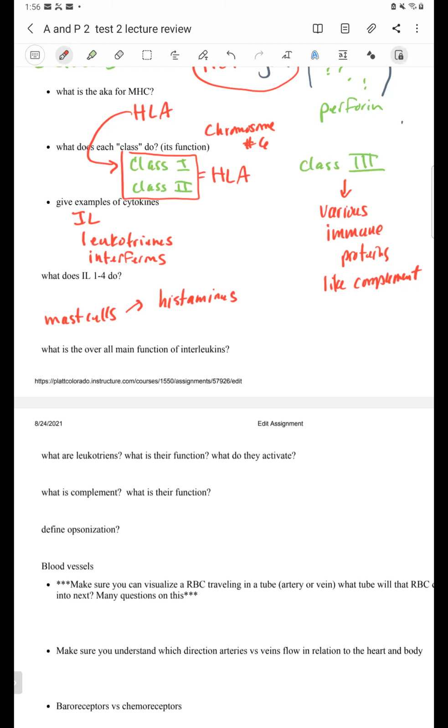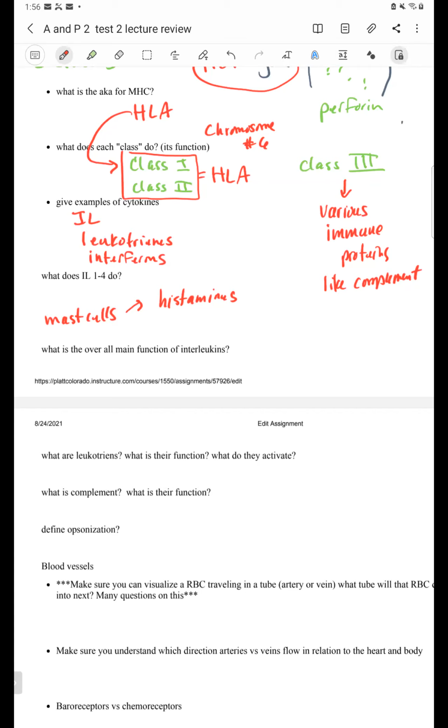Interleukin 4s activate the CD4 cells, mast cells, macrophages, B cells, IgEs, T cell proliferation. A common theme throughout the interleukins is to increase inflammation and bring in phagocytes.